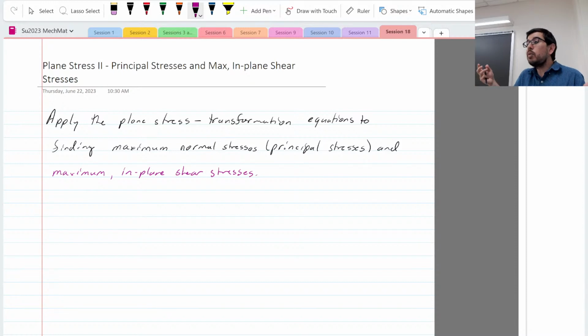Right? So what do you expect on an exam? At least for the final, maybe not so much this exam, but once we've done failure criteria, it's like, will this material yield? Is this material going to fail? Is it going to exceed the yield strength that we've talked about?